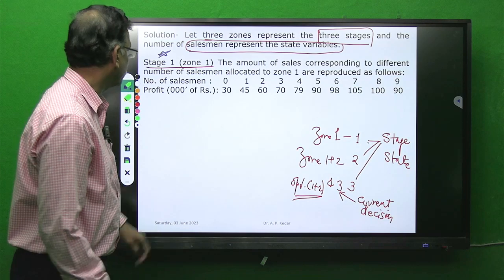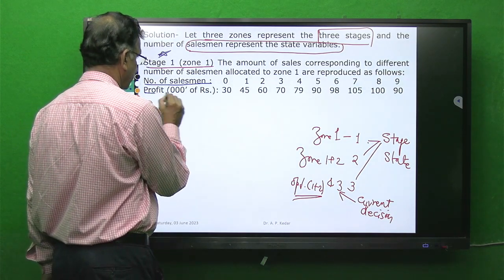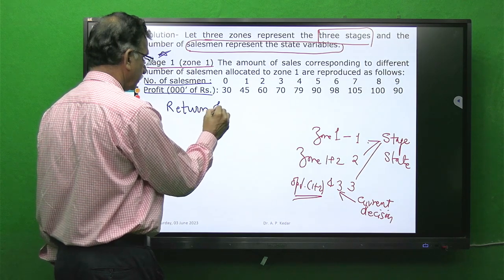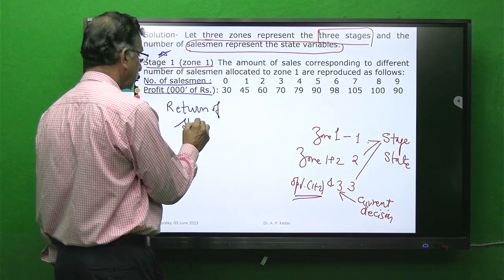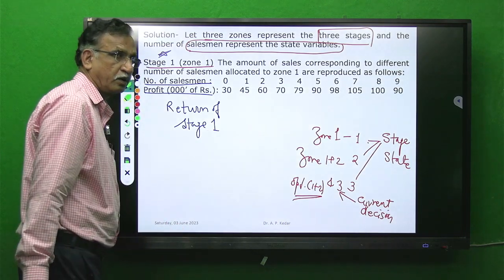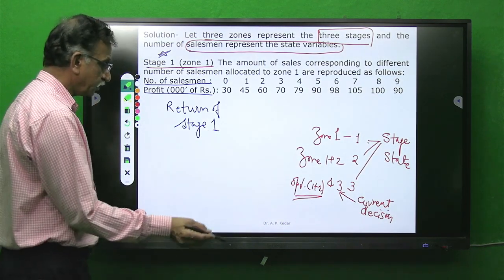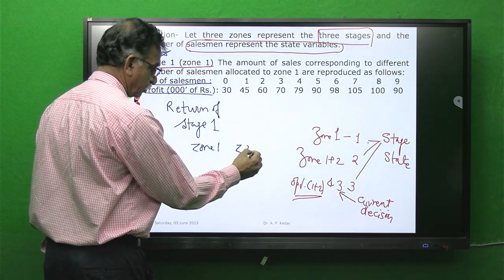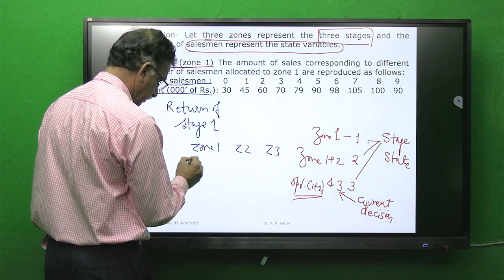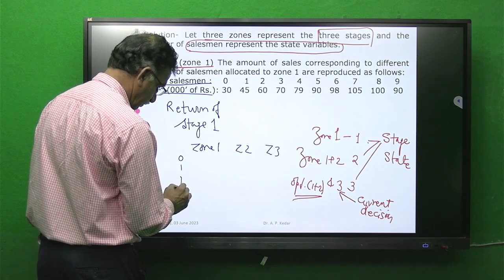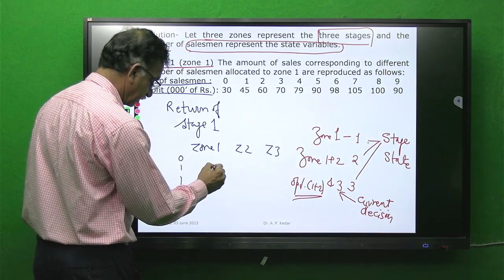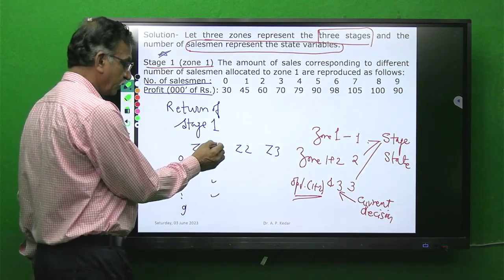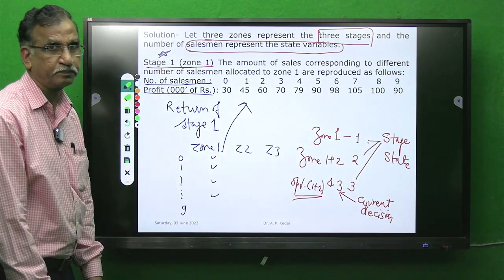This is the return of stage 1. Now we know that in the last slide we have seen zone 1, zone 2 and zone 3 with 0, 1 up to 9, and these are the values. So only considering zone 1, this is the outcome.